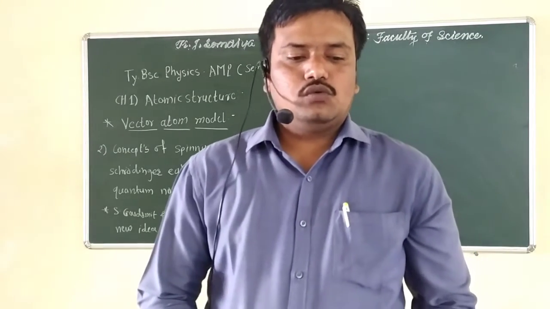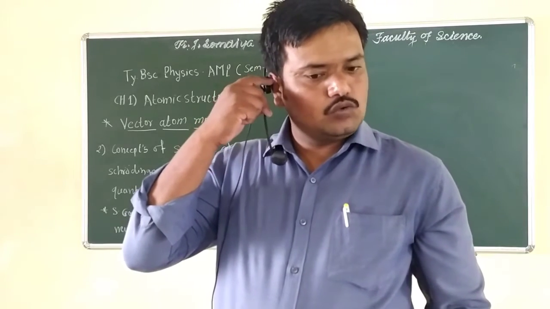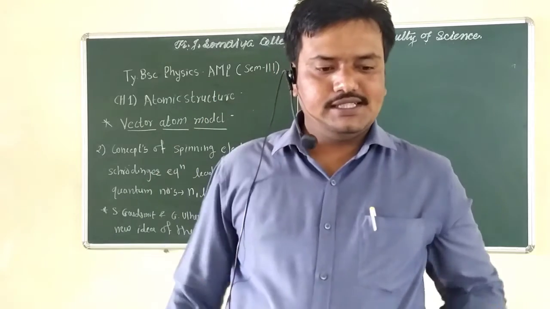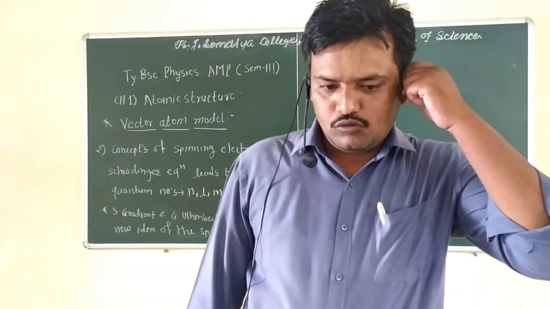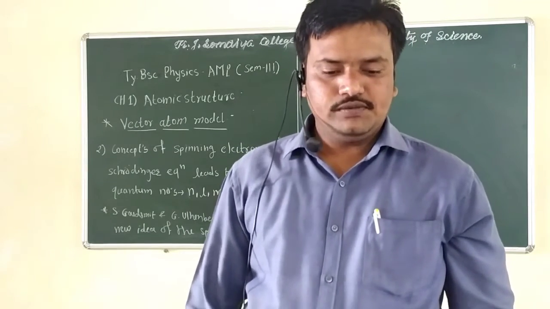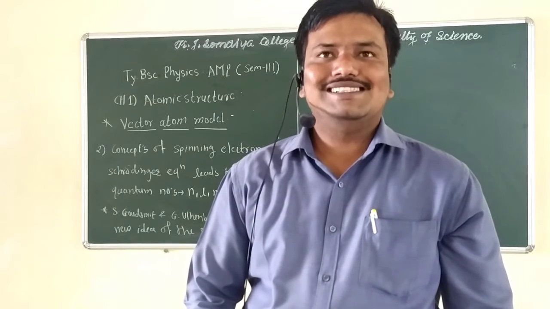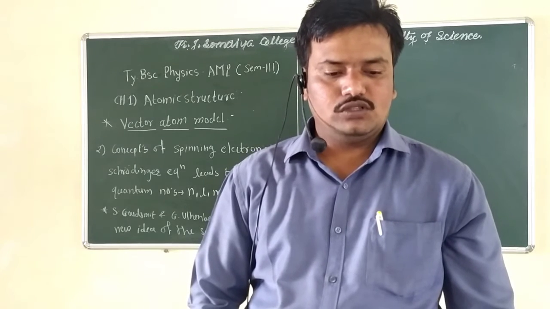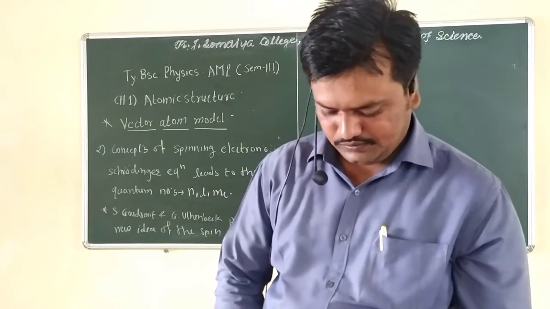According to the quantum theory, the idea of spatial quantization applies to both orbital and spin motion, both quantized in magnitude and direction. Thus they are considered as quantized vectors, and the atom model based on these quantum vectors is called the vector atom model.